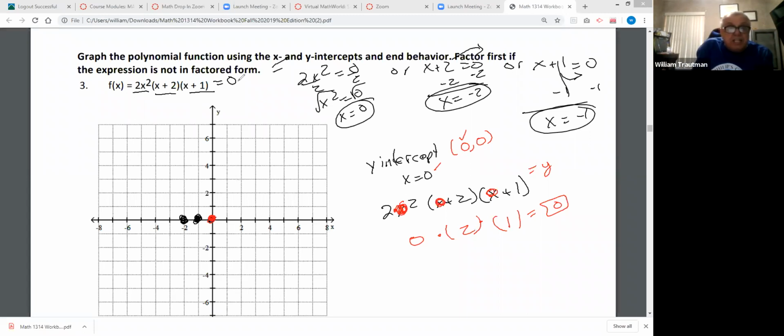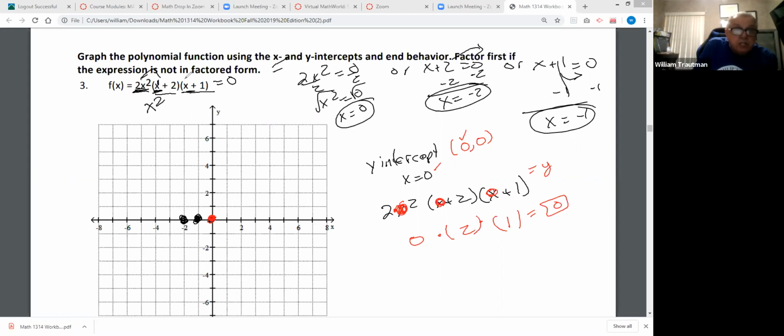And then the last thing we need to know is the end behavior for this graph, and that's going to be kind of important here. We have to multiply all the x's together. If you multiply all the x's together, not worrying about all the other stuff, we get x to the 4th.